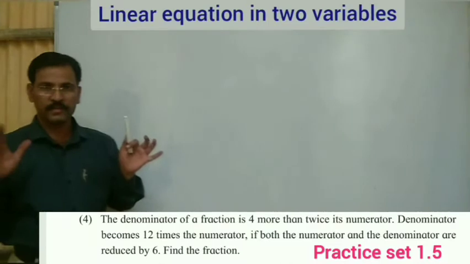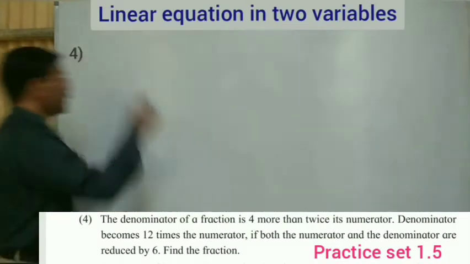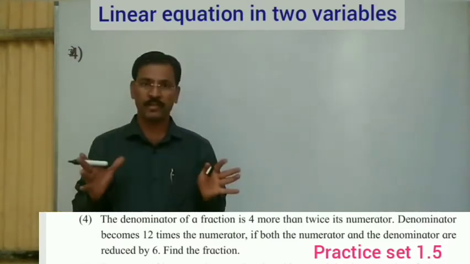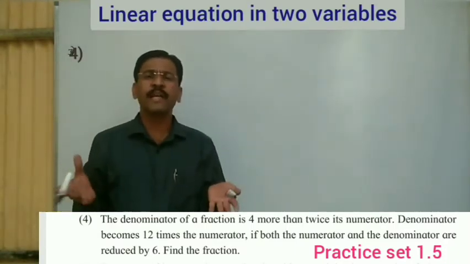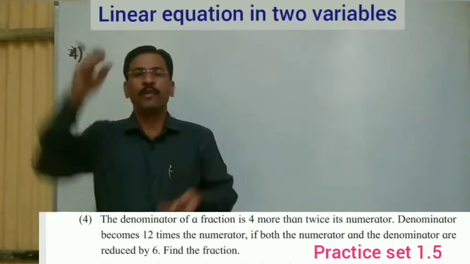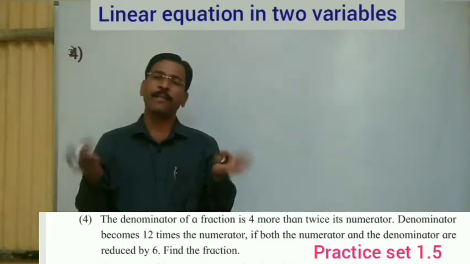Okay friends, now we take the third sum. See, what is the third sum? Third sum is dependent upon a fraction. So in a fraction, what is there? Numerator and denominator. Both are there. Suppose numerator be x and denominator be y.